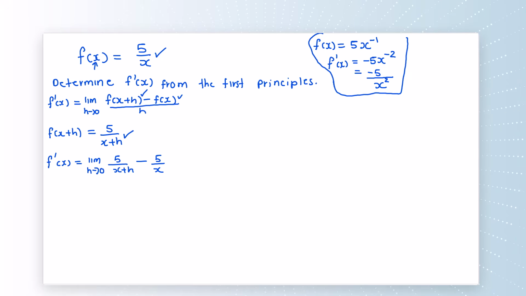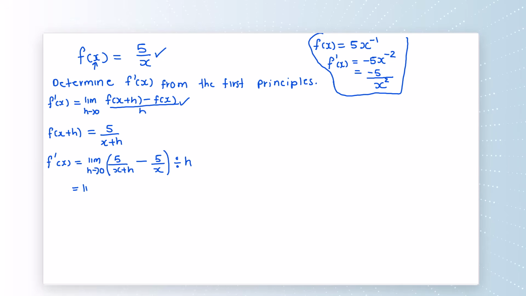Now, it says over h. Since I'm already dealing with fractions here, allow me to use the traditional division sign, then over h. I've enclosed the numerator with brackets because that divided by h must cover everything. That is why I put the brackets there.